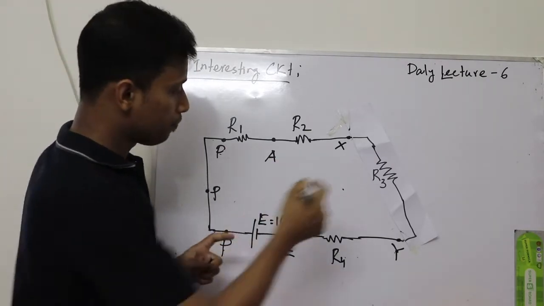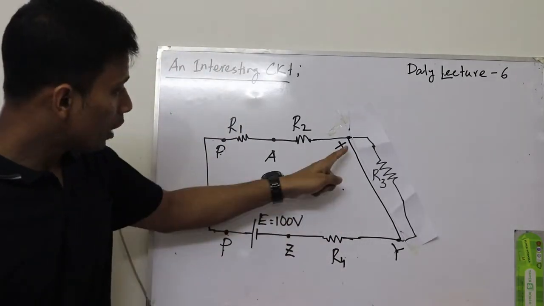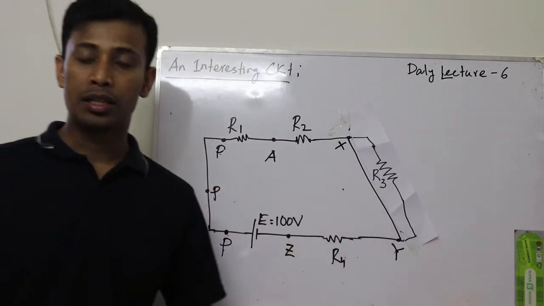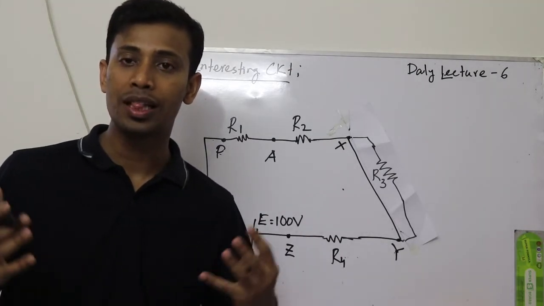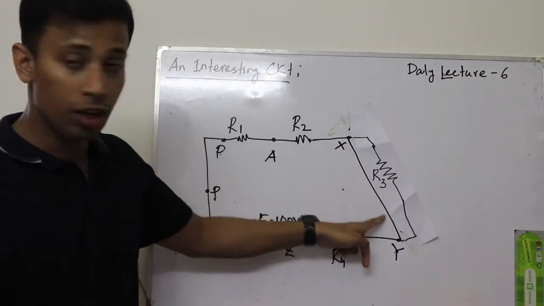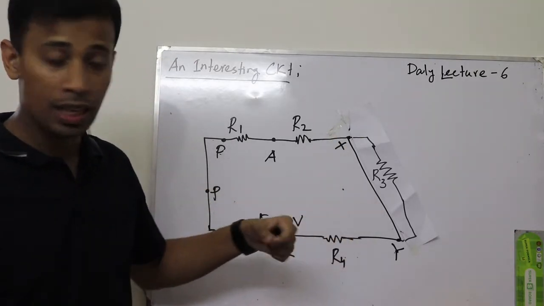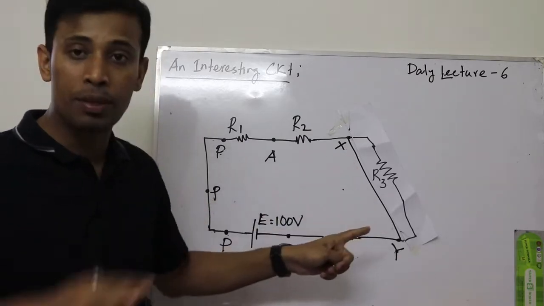And suppose we have added a short line in between point X and Y, then what will happen? Here we have a short line, which means the potential at every point on this line is the same, and a short line means no resistance.